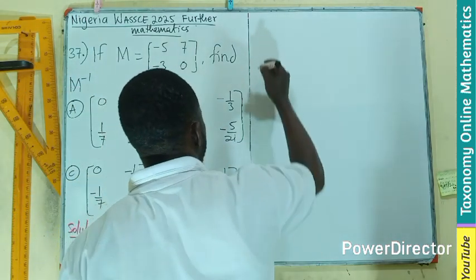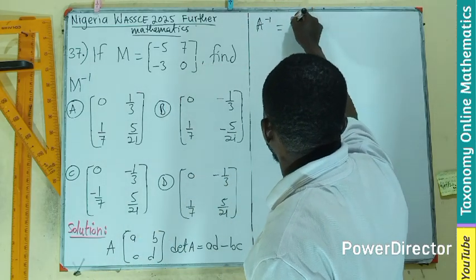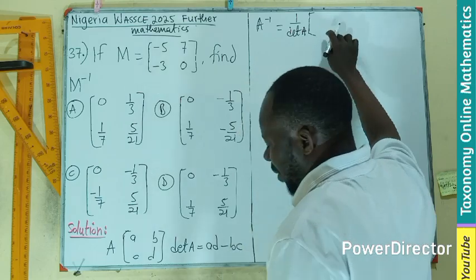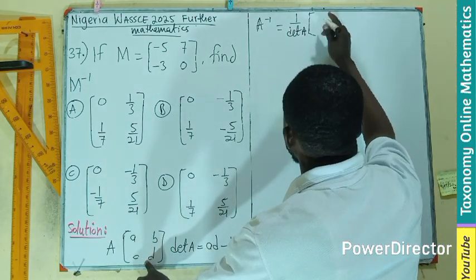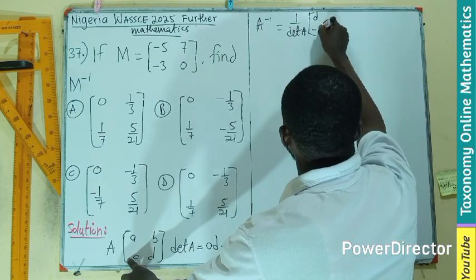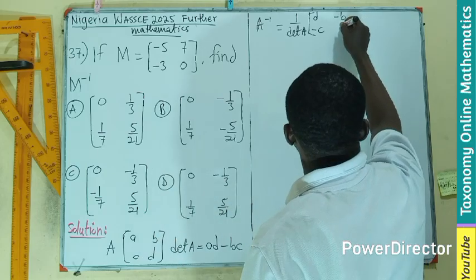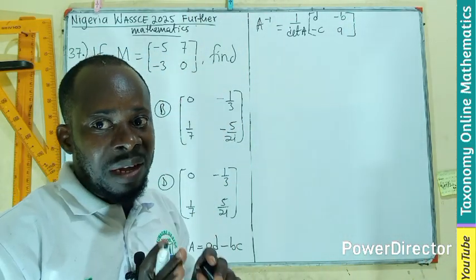And to find the inverse of A is just having 1 over the determinant of A multiplying the adjoint, which means changing the position of the leading diagonal with d, then negating the other diagonal, the values remain the same, we only change their position. This is exactly what the inverse is about.